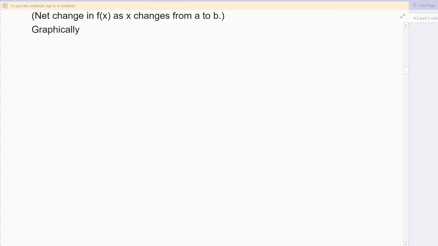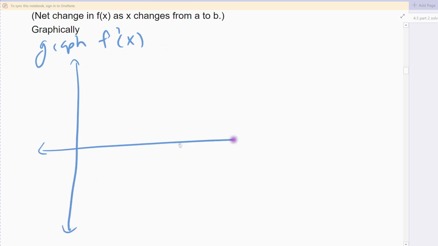All right, so graphically, and again, we're going to actually do applications where we're given the graph. So again, we're given the derivative. All right, so the graph of the derivative, the rate of change function. So suppose this is my graph.